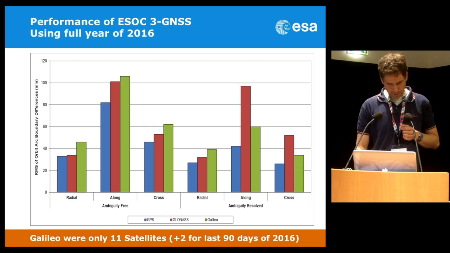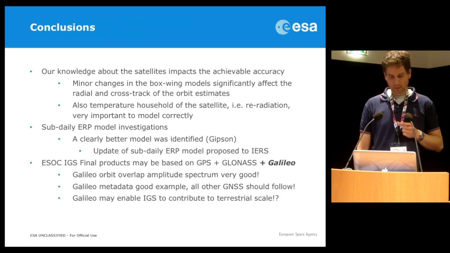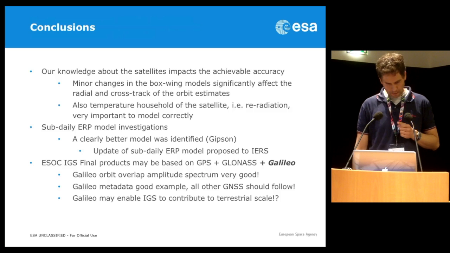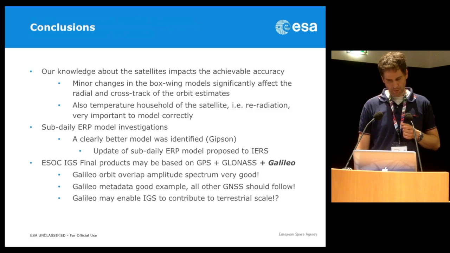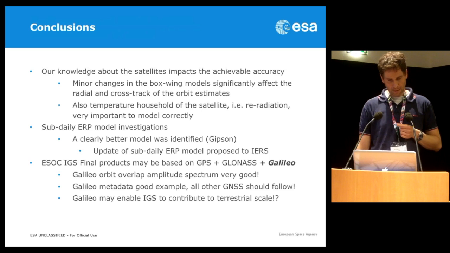And that brings me to my conclusions. Knowledge about the satellite impacts the achievable accuracy, obviously. We've seen that minor changes in the box wing model significantly affect the radial and cross-track components of the orbits. What is certainly important for the future is to properly handle the temperature household of the satellites, so to take thermal radiation into account.